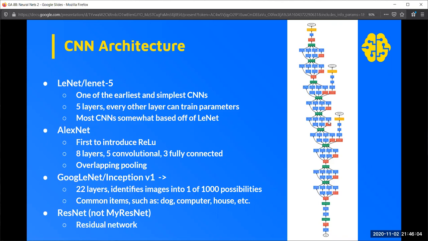Everything is continuously feeding forward, but you're also jumping, leapfrogging over a layer. You're feeding it to the next one, but also to the 1, 2, or maybe 3 layers away.